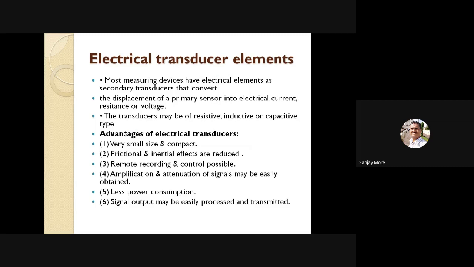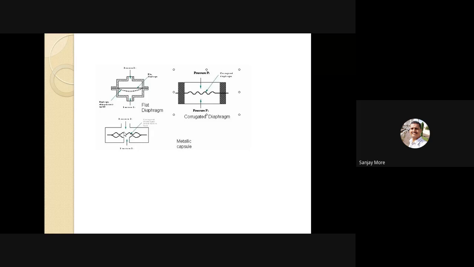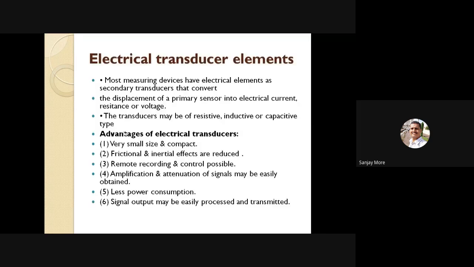Then the electric transducer element. Here is a mechanical transducing element. The next point is the electrical transducer element. So most measuring devices have an electric element as a secondary transducer that converts the displacement of a primary sensor into electric current, resistance, or voltage.